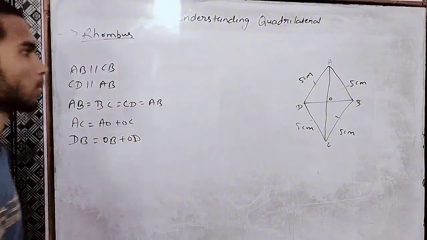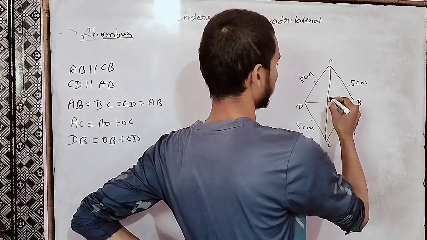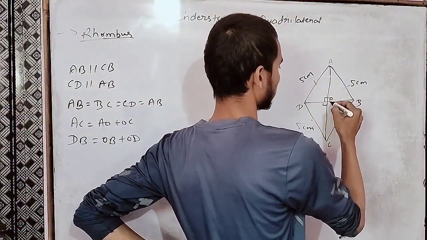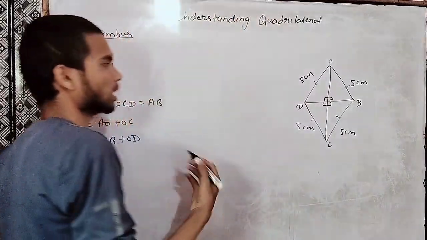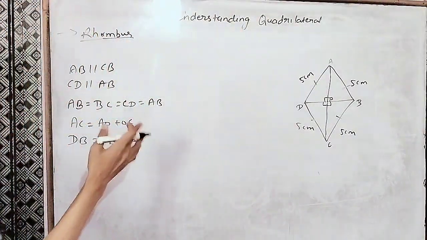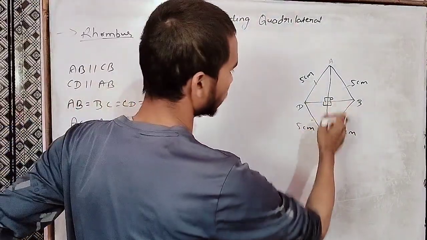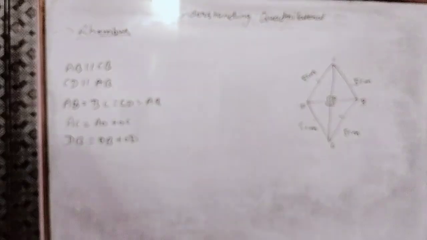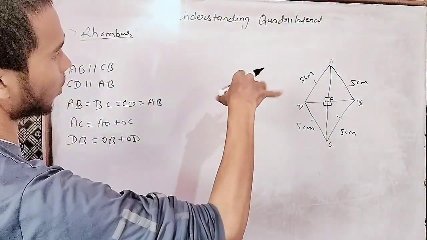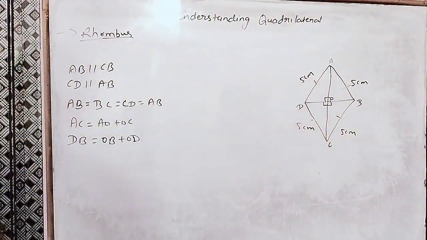One point more. Here we can see this is perpendicular, this is perpendicular, this is perpendicular, this is perpendicular, which tells us that angle BOC is making 90 degrees. So all four are perpendicular.